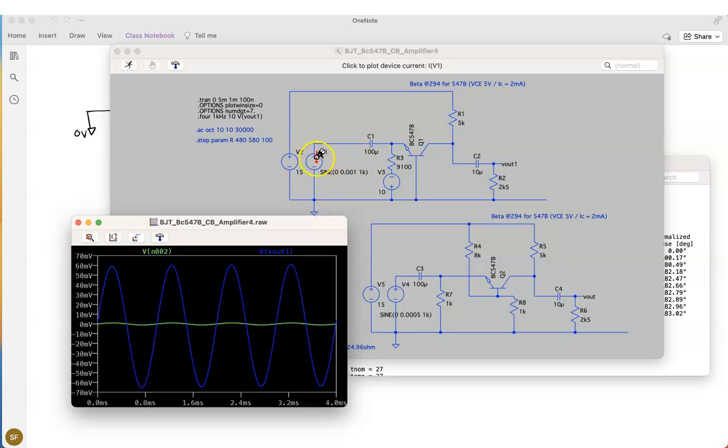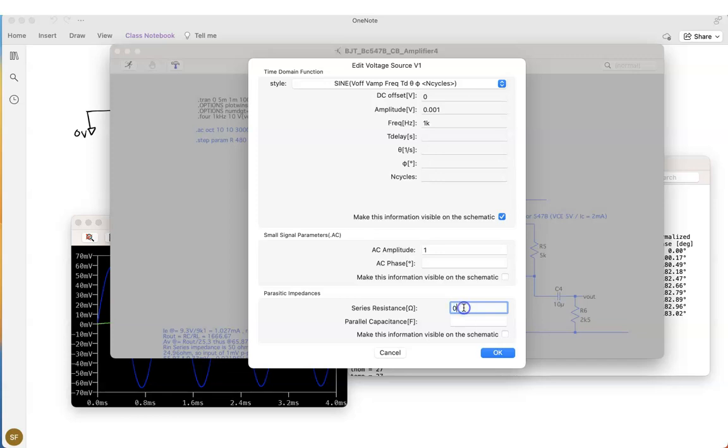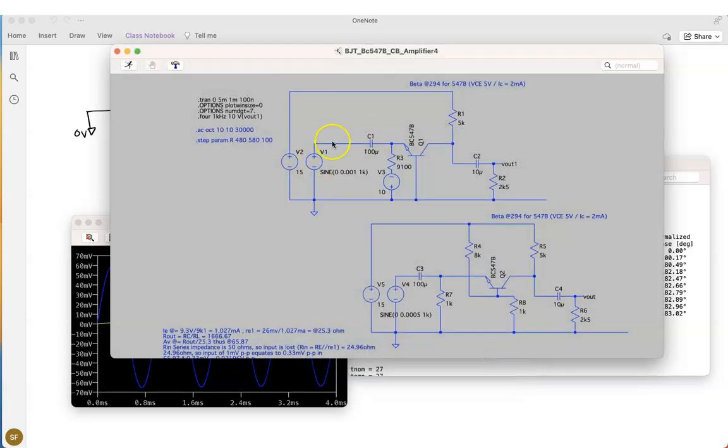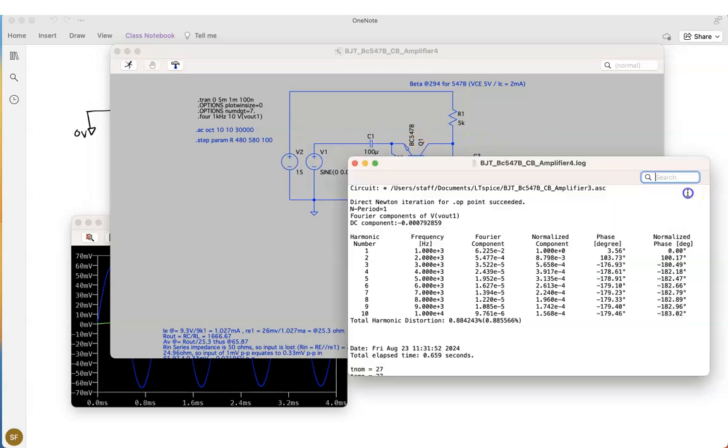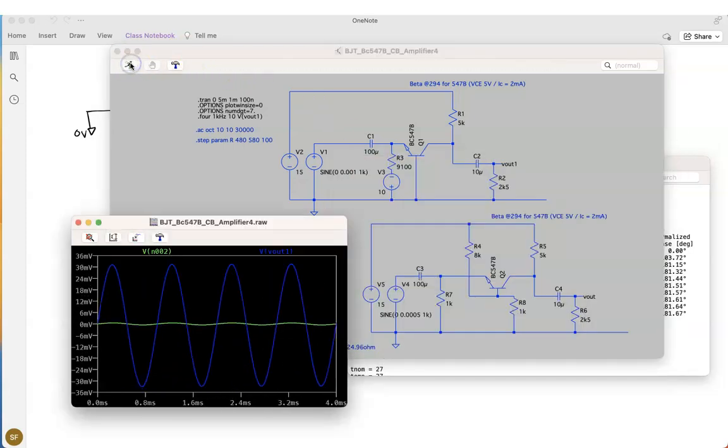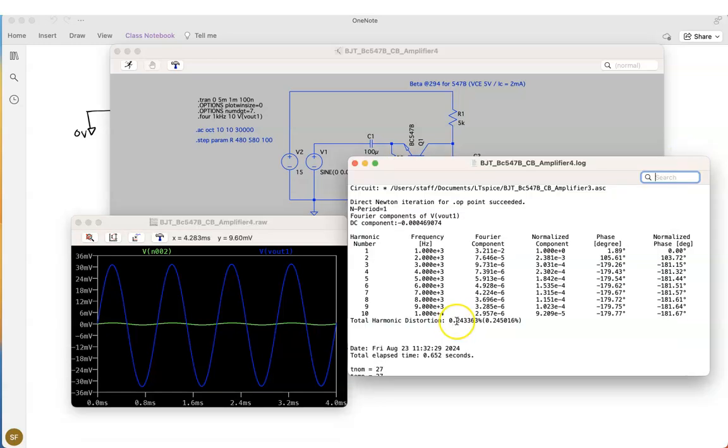If we match, we said the amplifier had an input impedance of 25 ohms, so I'm going to make the source 25 ohms. This is effectively going to halve the input signal going into the amplifier. Now the previous THD we saw was 0.88, so if we run this again, we'll see an improvement in the symmetry of this output signal, and we've got a THD now of 0.24.